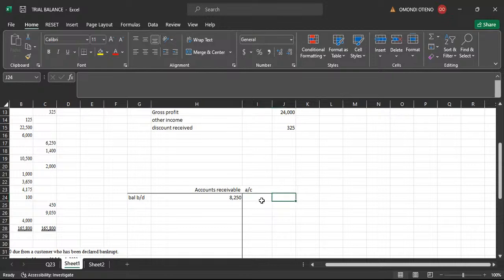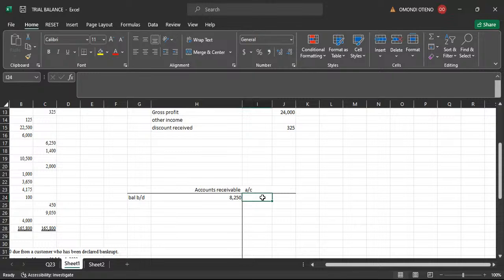We are writing it off. When we write it off, we take it to bad debts written off account as an expense. So we take it to the bad debts written off expense account, and then that particular expense account will be transferred to the profit or loss account as an expense.